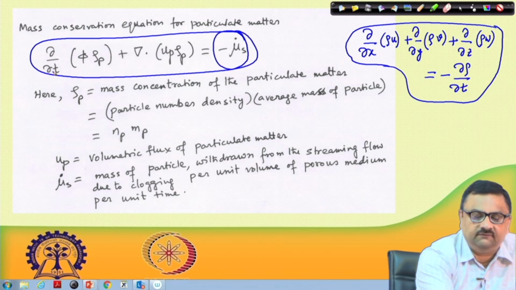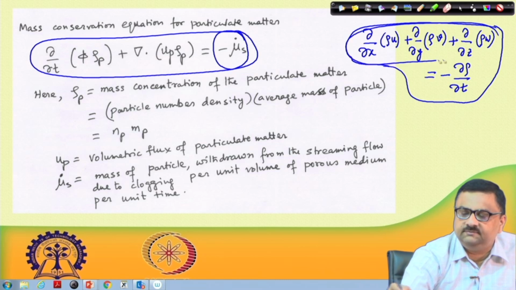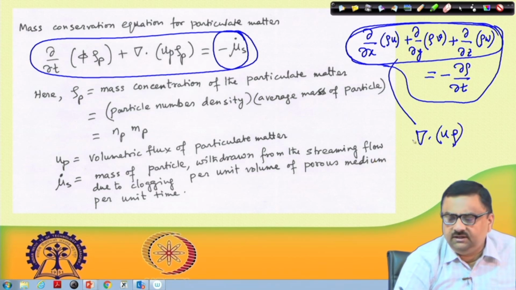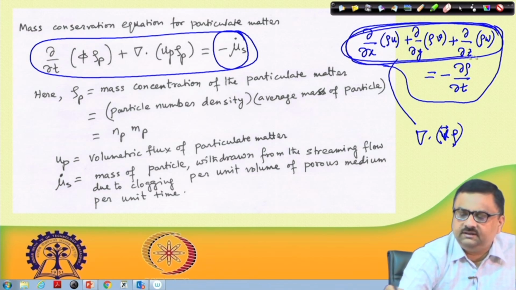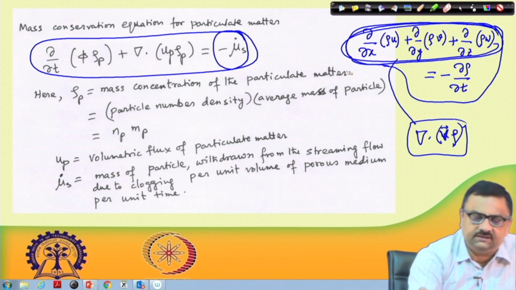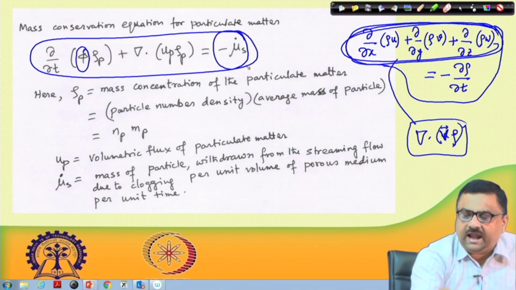So, here also we have del t of, now we have a porosity term here, and here we have this into u p rho p, this is equal to. These three terms are basically this term, and del rho del t, when it goes to the left hand side, will be plus, only thing is we have an additional porosity term here, and we have an additional term which was not there in the mass continuity.